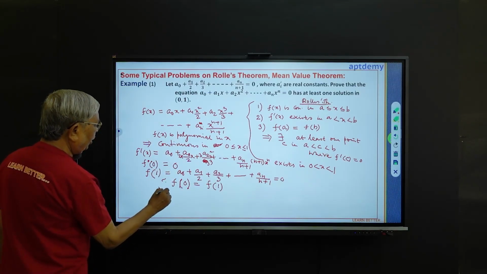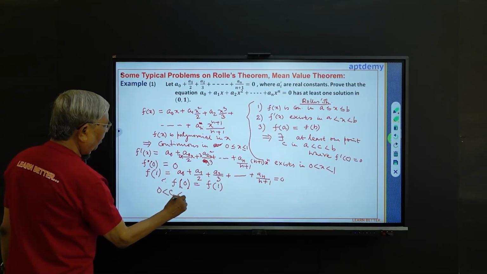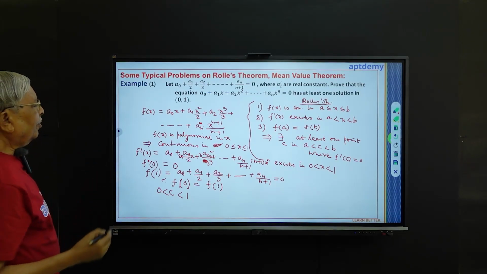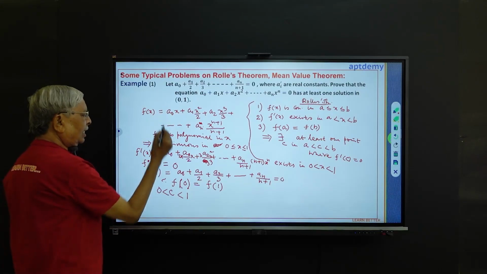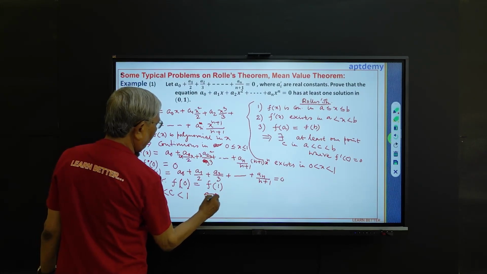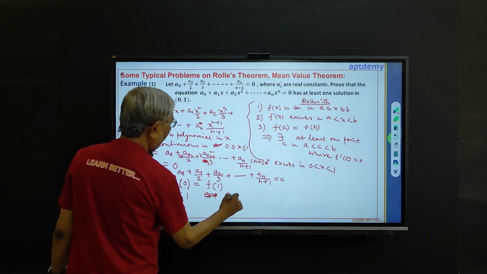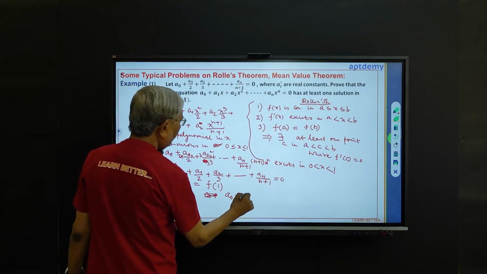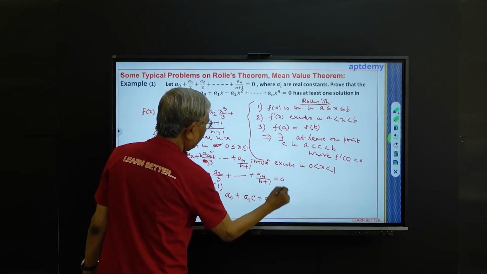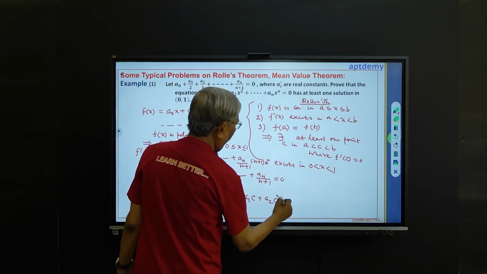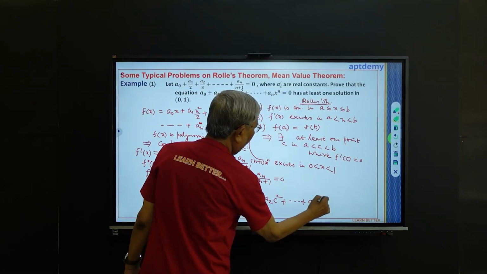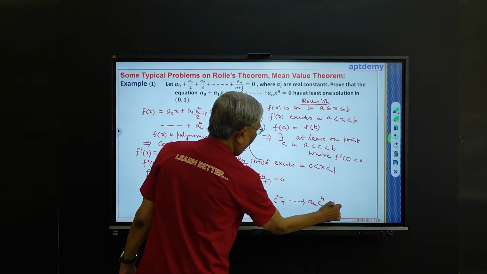So in between 0 and 1, there must exist a value c which will satisfy the given equation. That is, a0 plus a1 c plus a2 c squared up to an c to the power n equals 0.